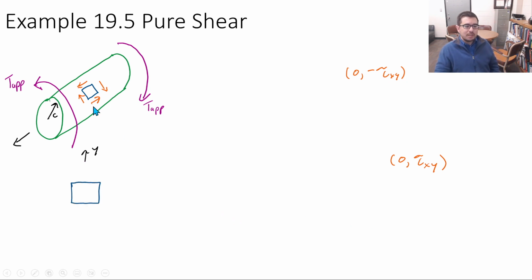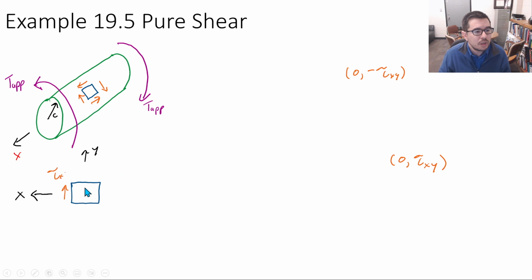So here's an element on a shaft that's being twisted. T-ap, T-ap, and like you see here, we have X coming out this direction. This is the X direction over here.